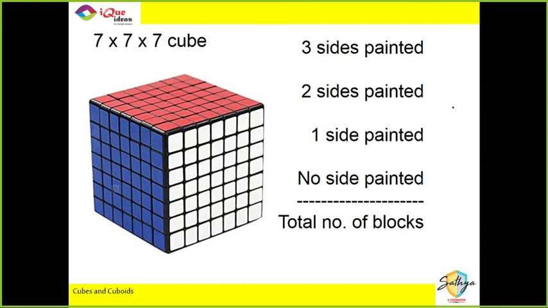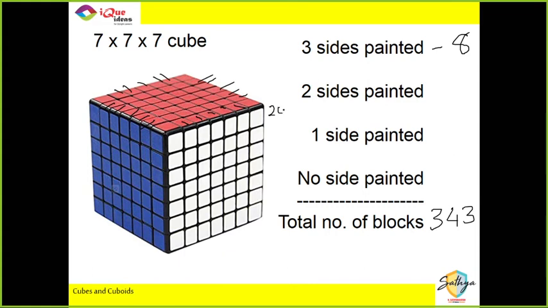Okay. So 7 sevens are 49, 7 49s are 343. So total 343 pieces. 3 sides painted, obviously 8. For 2 sides painted, we will look inside the top: 1, 2, 3, 4, 5, 6, 7, 8, 9, 10, 11, 12, 13, 14, 15, 16, 17, 18, 19, 20.